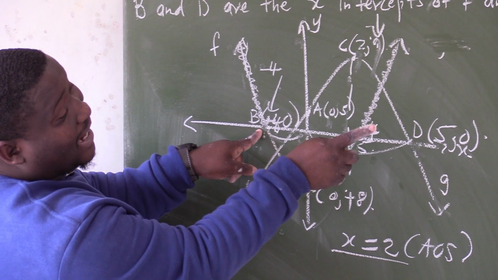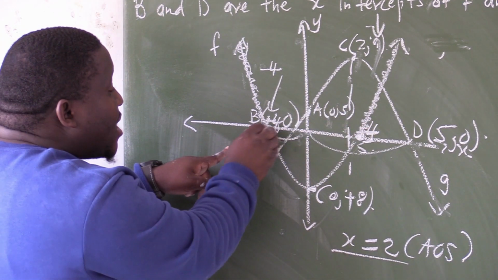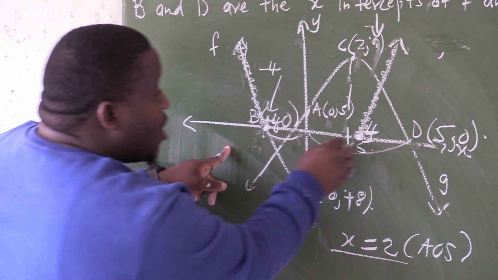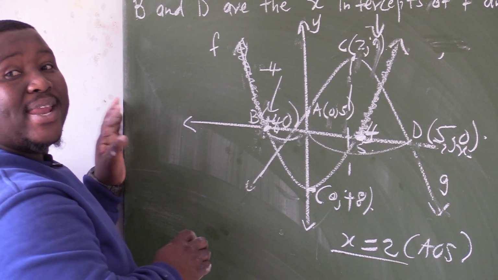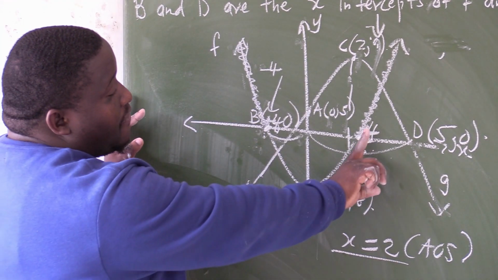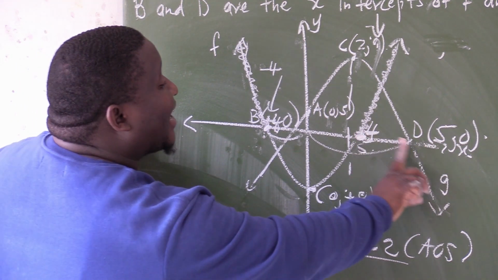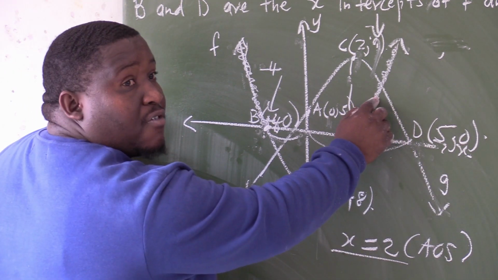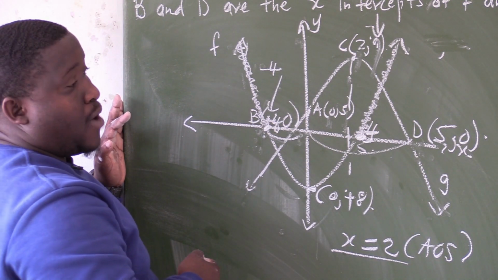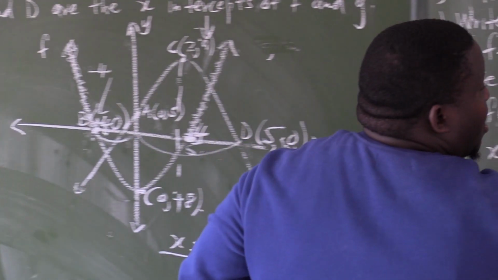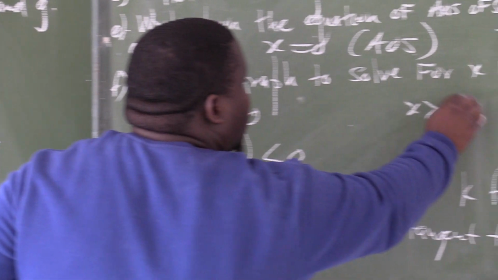But because they say greater or equal to, it means negative 4 is a solution, positive 4 is a solution. So when is that going to happen? If the values of x are greater or equal to 4. Because if you move to the right of 4, this graph of f will have positive values of y. So my answer for this one will say when x is greater or equal to 4.